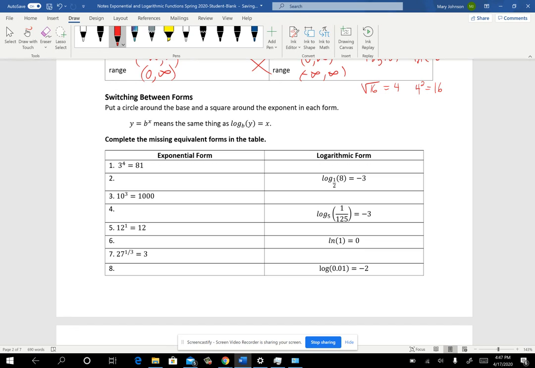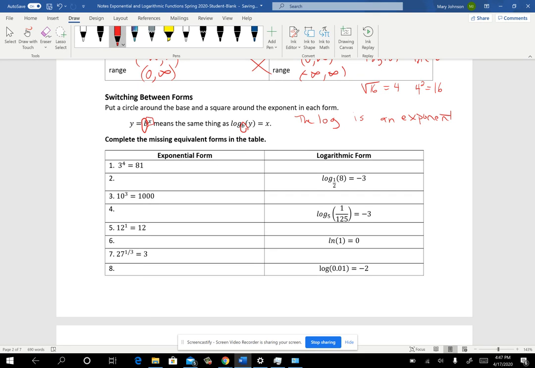All right, so where the base is on your exponential form, that's going to be the base on the logarithm, that little subscript. And then the big idea that I want you to begin getting is that a log, the log of something, is an exponent. Okay. All right, so notice it's the exponent right here.